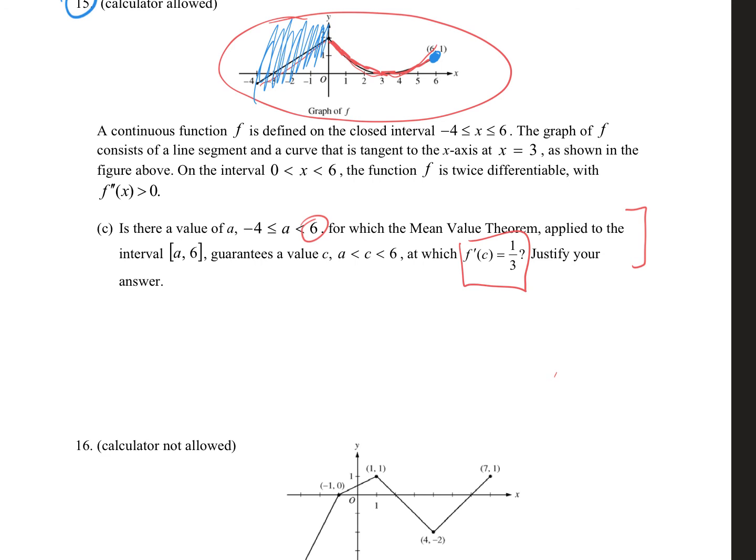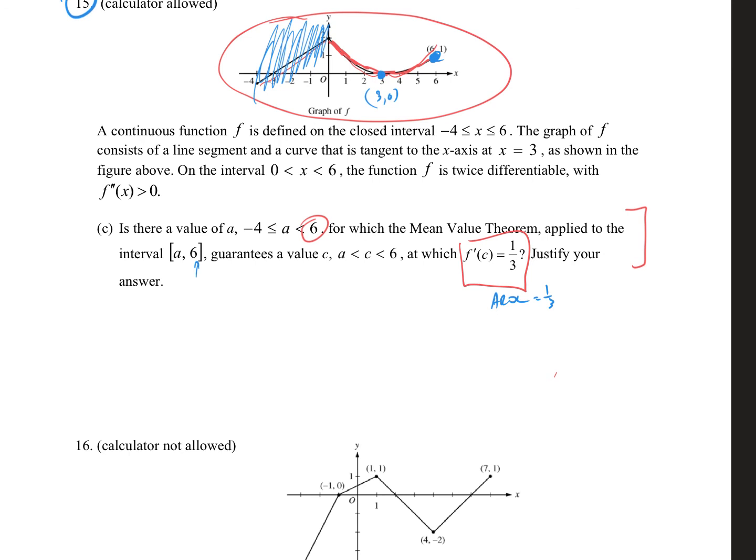So now in this interval where we could have that happen, we need to find the place where the AROC equals 1/3. And we're told that 6 has to be one of the endpoints. So the (6, 1), we're looking for another point on the graph that would make a slope with the (6, 1) of 1/3 when you take the AROC. And that point is right here at (3, 0).